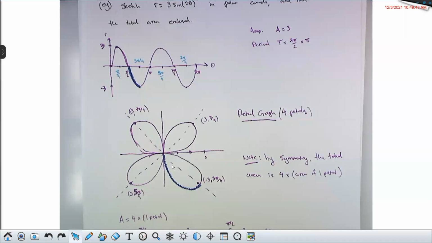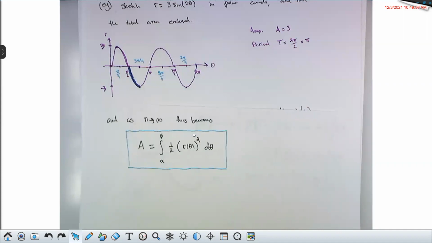Those areas are not the same. The transformation that takes this graph in rectangular coordinates and turns it into this graph in polar coordinates is not area preserving. So in order to find the area enclosed by a polar curve, you do need to use this different formula.